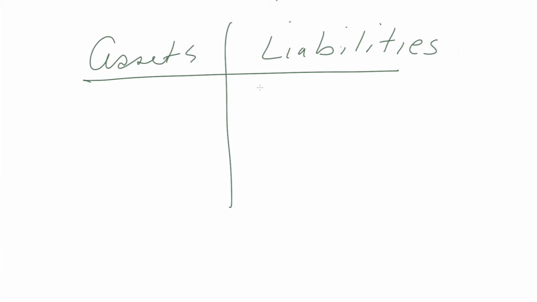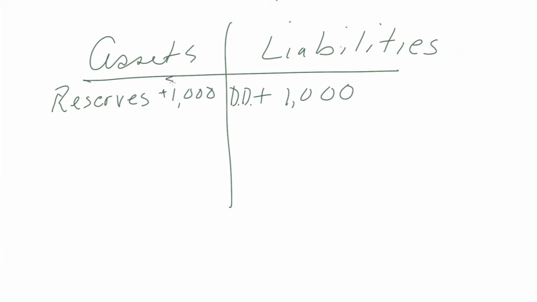We have $1,000 that Sally has deposited, and that's going into a demand deposit. At the same time, that becomes a part of the reserves for the bank. And again, we said that was plus $1,000. Put our dollar signs in there. So we have reserves and demand deposits.